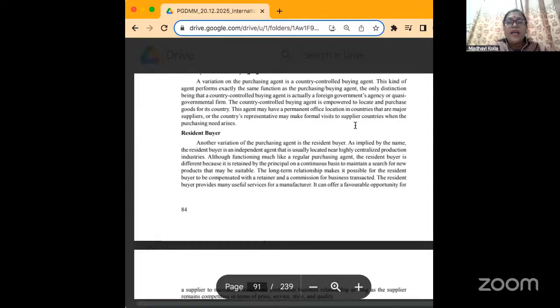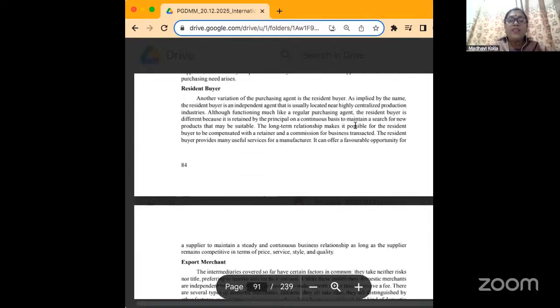Because they are retained by the principal on a continuous basis to maintain a search for new products that may be suitable for their market. The long term relationship here makes for a possible advantage for the resident buyer because they are compensated with a retainer and a commission for actual business that is transacted. So they may even end up with double gains.